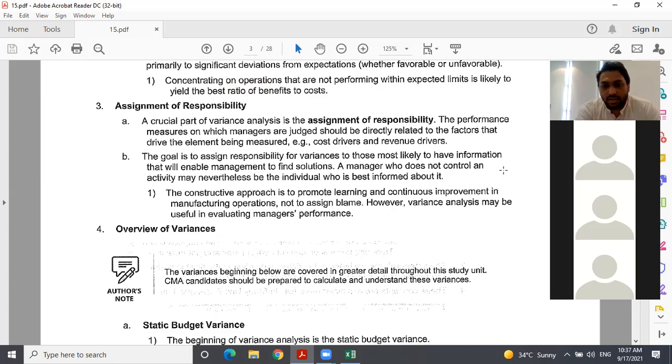A manager who doesn't control an activity may nevertheless be the individual who is best informed about it. Then, the constructive approach is to promote learning and continuous improvement in manufacturing operations, not to assign blame. However, variance analysis may be useful in evaluating managers' performance also. Clear?